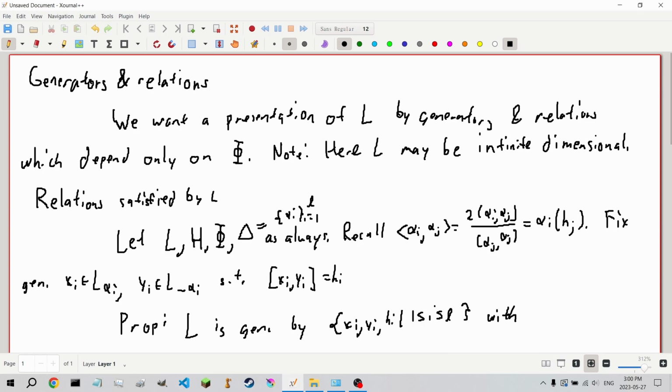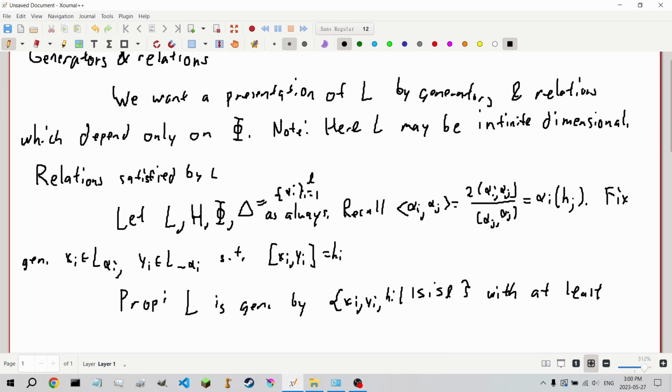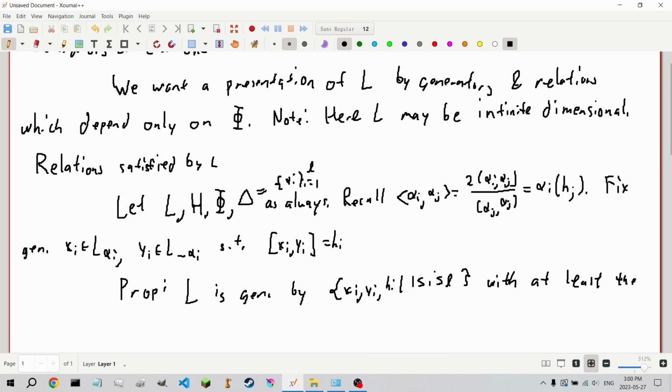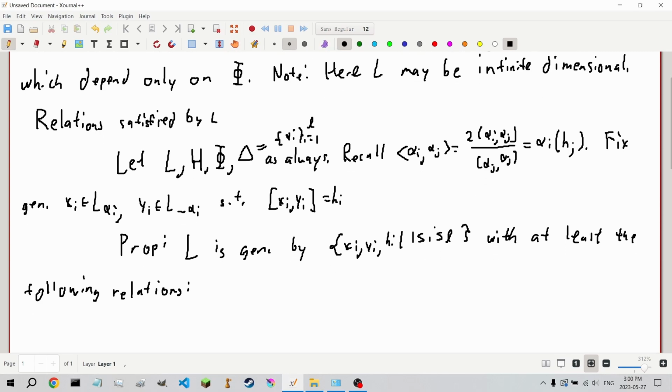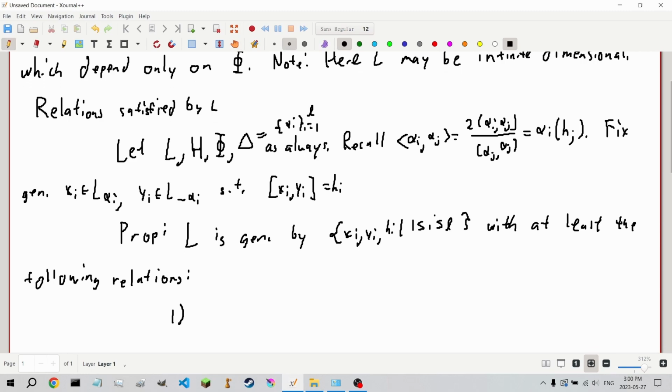With at least the following relations. Relation 1 is that the bracket of any two h's is going to be 0.